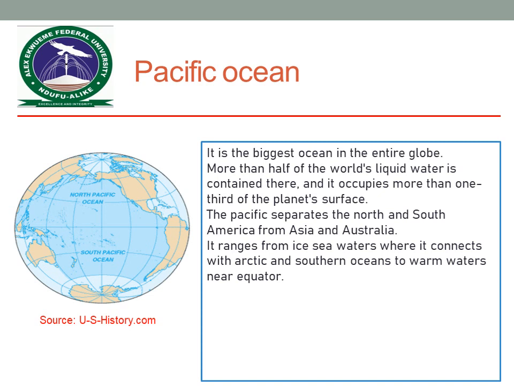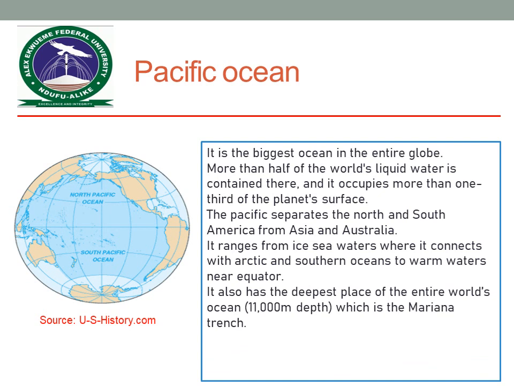It ranges from icy waters where it connects with the Arctic and Southern Oceans to warm waters near the equator. I've already mentioned that the waters near the equator are warm, while the waters of the Arctic and Southern Oceans at the polar regions are very cold.